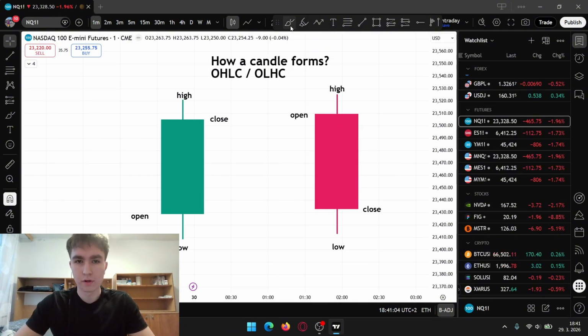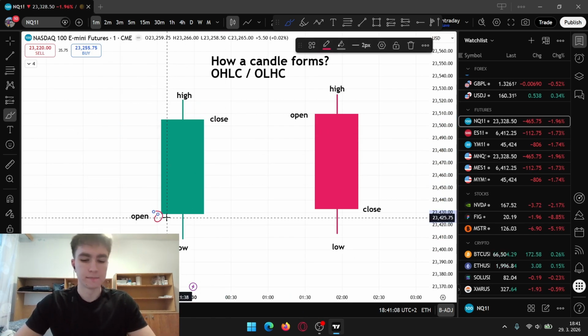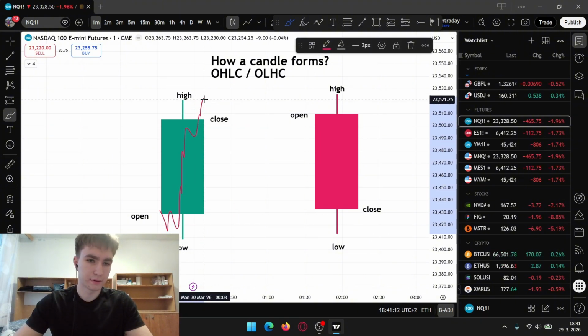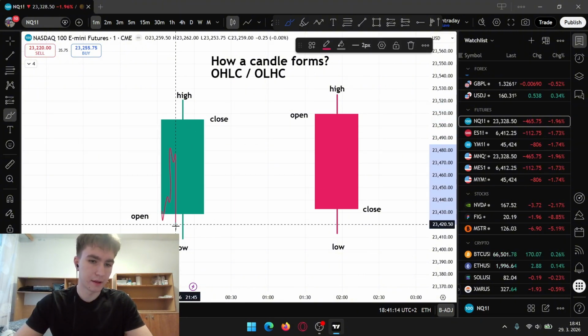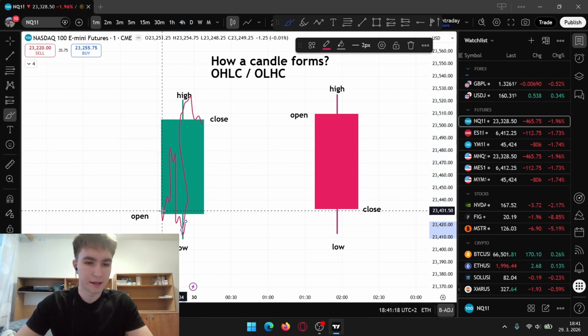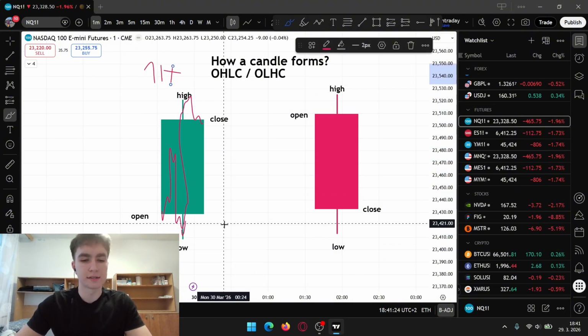For example, a bullish candle on the left side: it opens, and it moves during the fixed time frame. It could move something like this. It opens, does whatever, within, let's say this is a 1 hour candlestick.